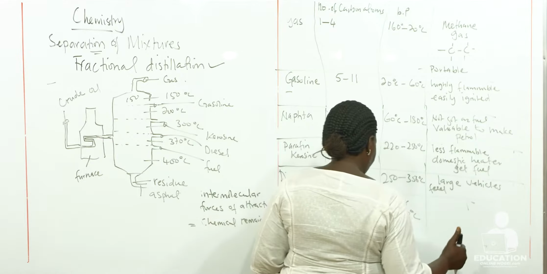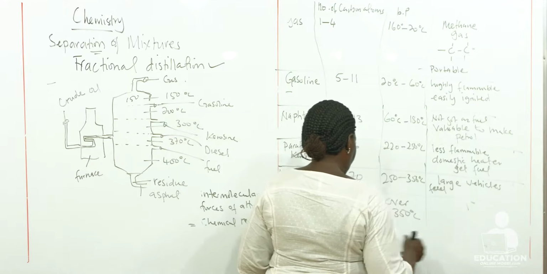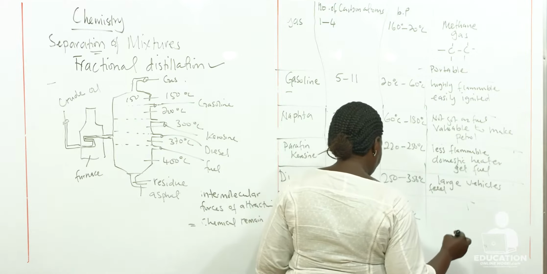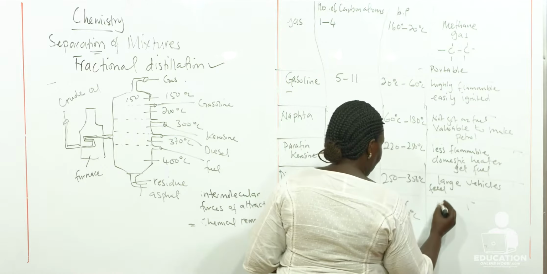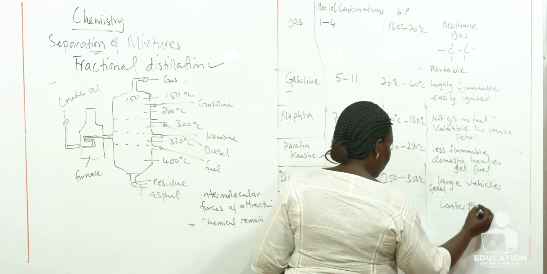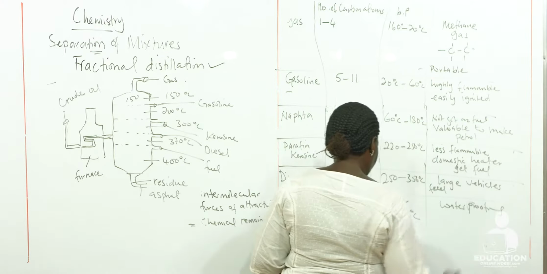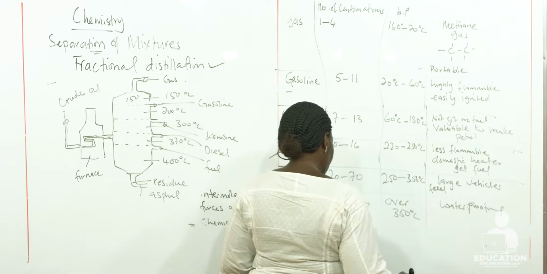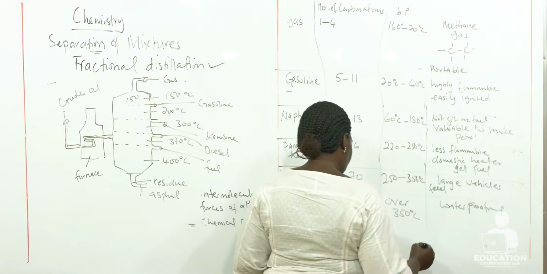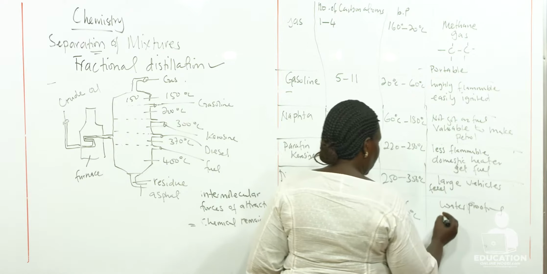And then it forms a thick black tar. It is resistant and adhesive on cooling. It is used sometimes as a waterproof material for waterproofing, and then to stick or clip on roofs and on road surfaces.